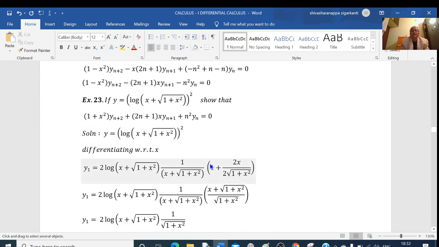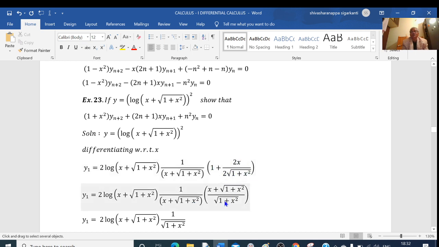The derivative of x is 1 plus the derivative of root of 1 plus x square, which is 1 by 2 root of 1 plus x square into 2x. So this is equal to 2 into log of (x plus root of 1 plus x square) into 1 by (x plus root of 1 plus x square) as it is. In this term, 2 gets cancelled.